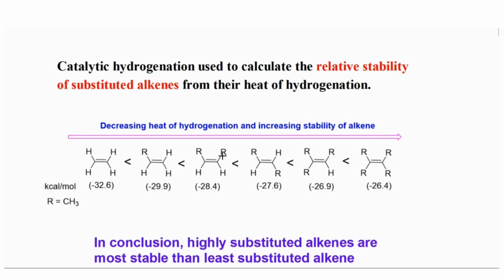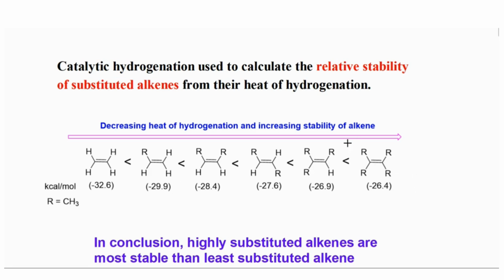Further, when there are two alkyl groups, look very carefully: this is the cis and this is the trans one. Compared to cis, the trans is always the least. And when it is highly substituted, one more alkyl group has been substituted here. In the last case, all the hydrogens are replaced with alkyl groups.